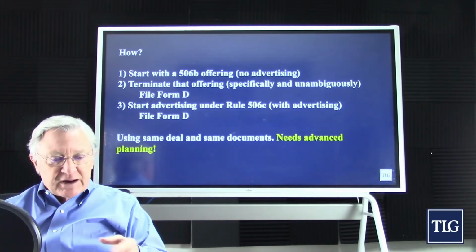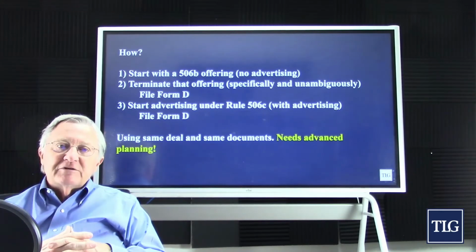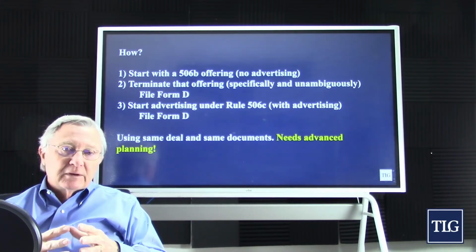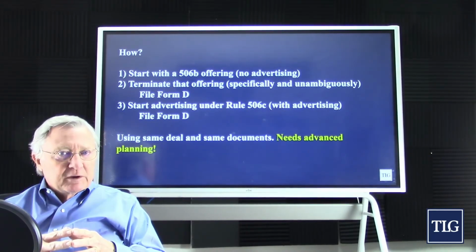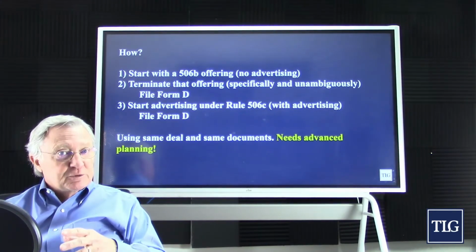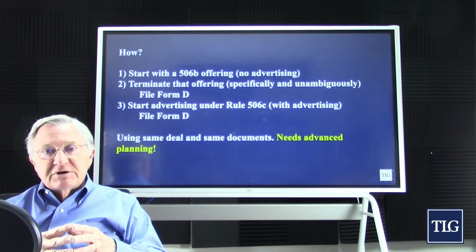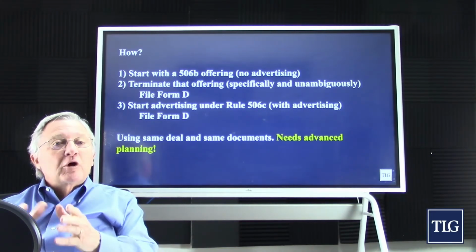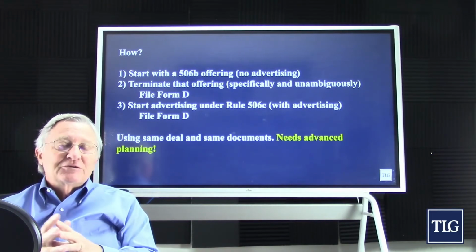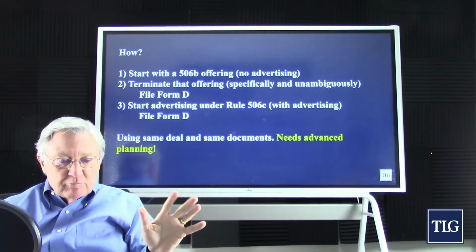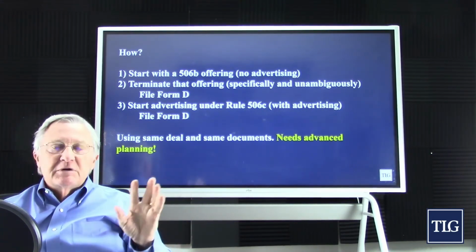So you start advertising under Rule 506C, and you'd be completed when you've raised the last dollar you're going to raise. When you're completed, we'll file a Form D for you to talk about your 506C offering, even though it's the same deal and the same materials.